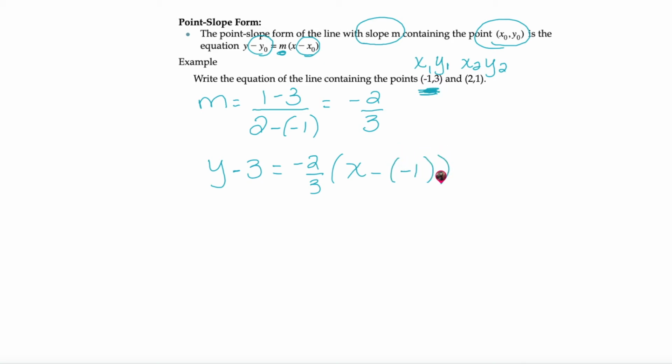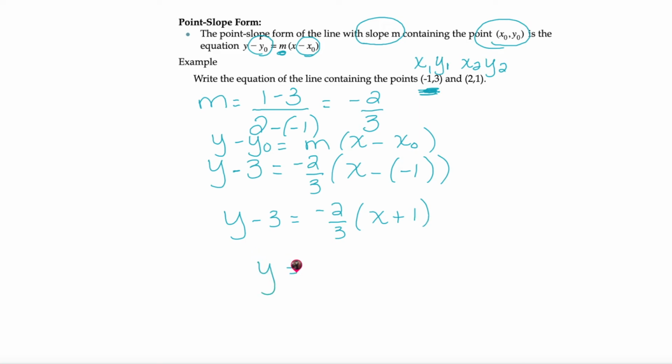So when looking at the equation, I have y minus a y value point equal to our slope times x minus the x value. And now we just simplify a little bit here. y minus 3 is equal to -2/3 times x plus 1.